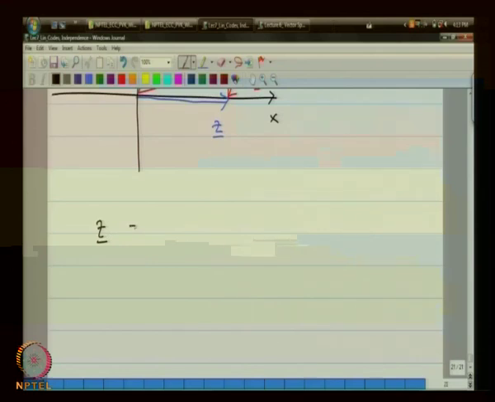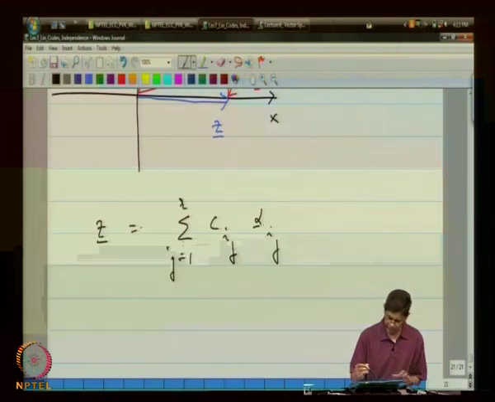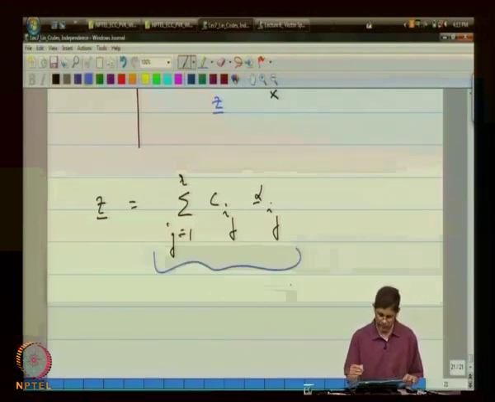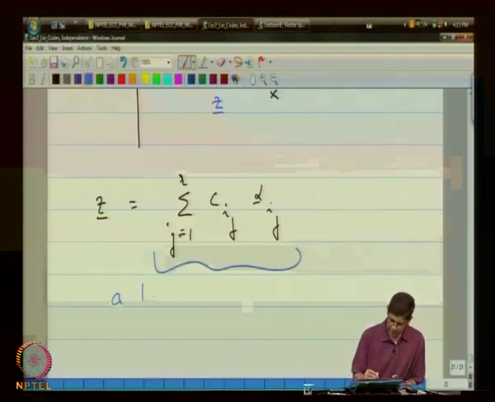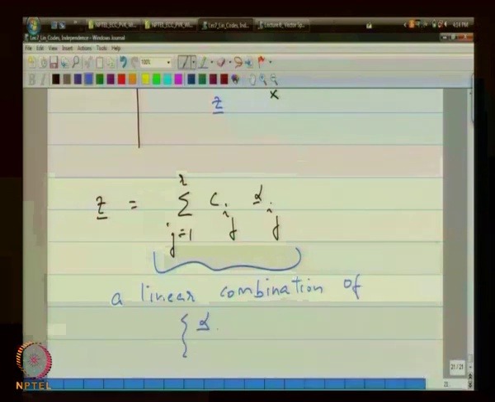So, z is equal to sigma c i j alpha i j, j is equal to 1 to r. This is what we mean by a linear combination of the vectors alpha i j, right.